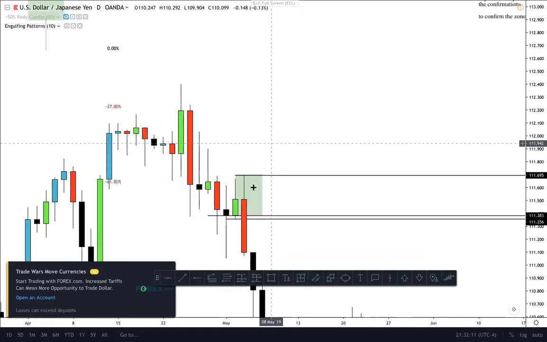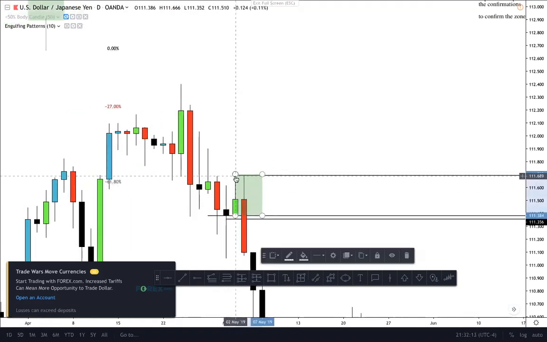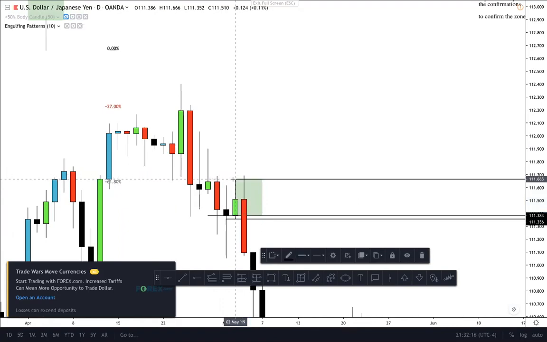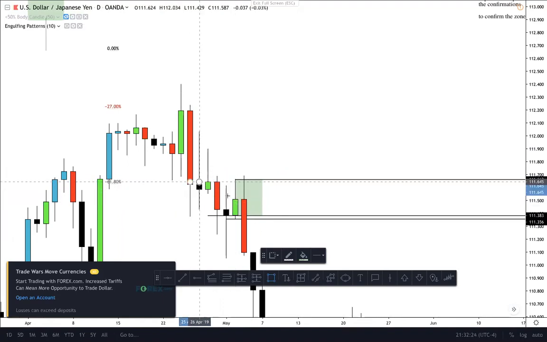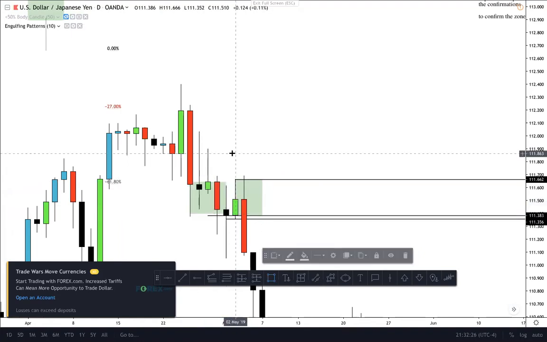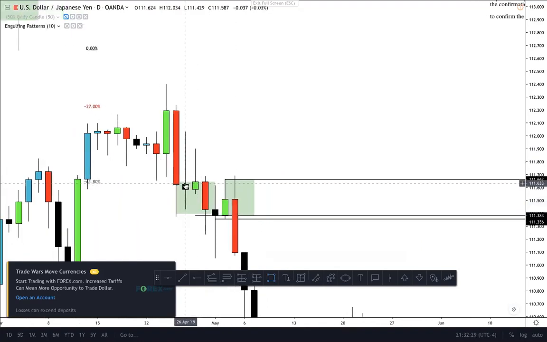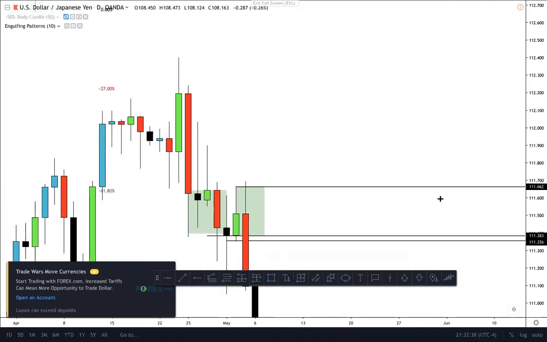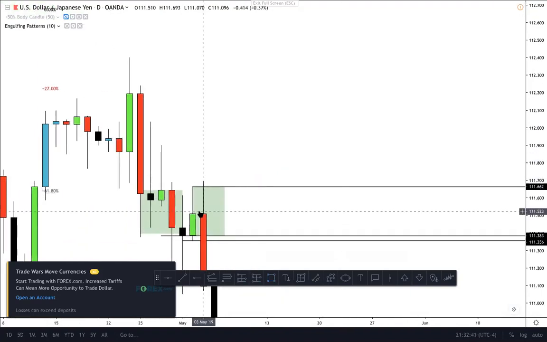Now, because the body of this basing candle engulfs the bodies of the previous candles, meaning that the bodies of the previous candles are within the parameters of the entire basing candle, then you include these candles as the base too, right?